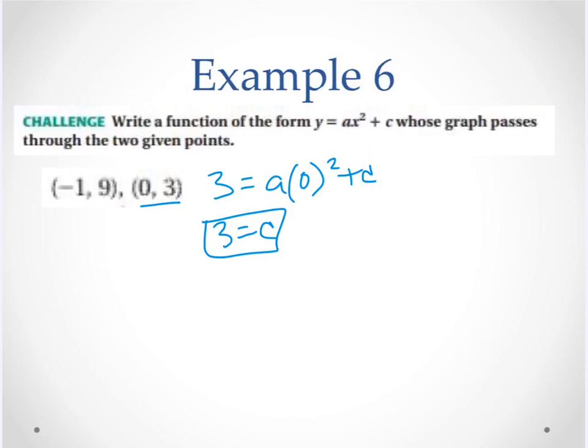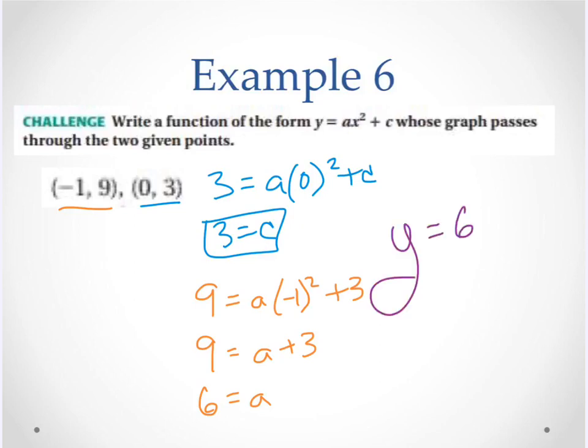We're going to use that and the first point to plug in all of those numbers to find out what we don't know. We don't know what A is. So plugging in those numbers, we get that A is equal to 6. From there, y is equal to 6x squared plus 3. That is our equation.